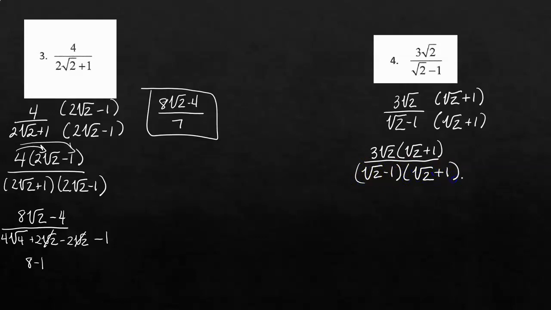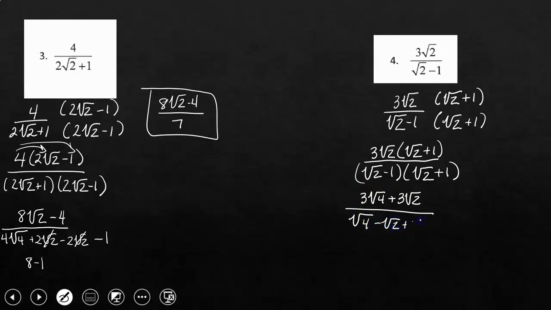All right. So right there, I have 3 root 4 plus 3 root 2 over the square root of 4 minus the square root of 2 plus the square root of 2 minus 1.